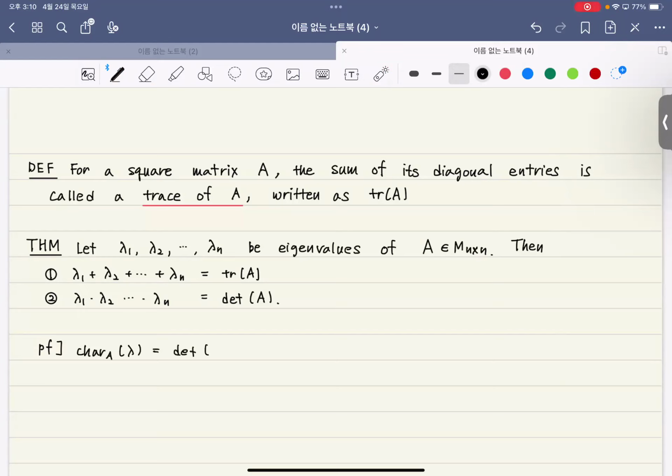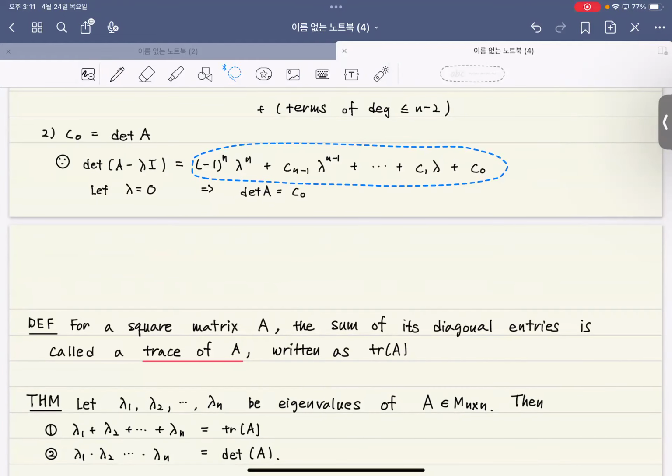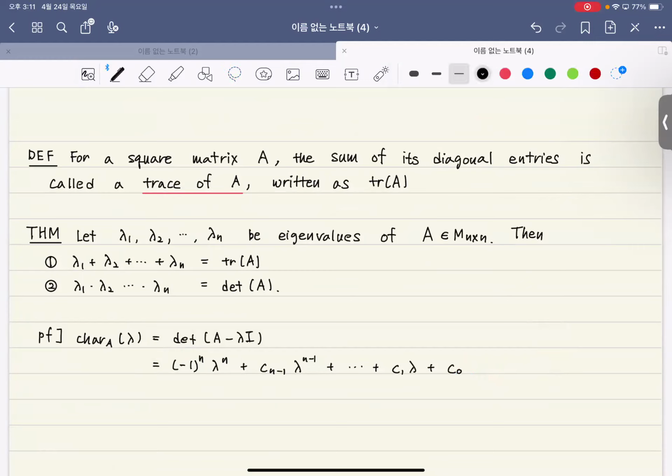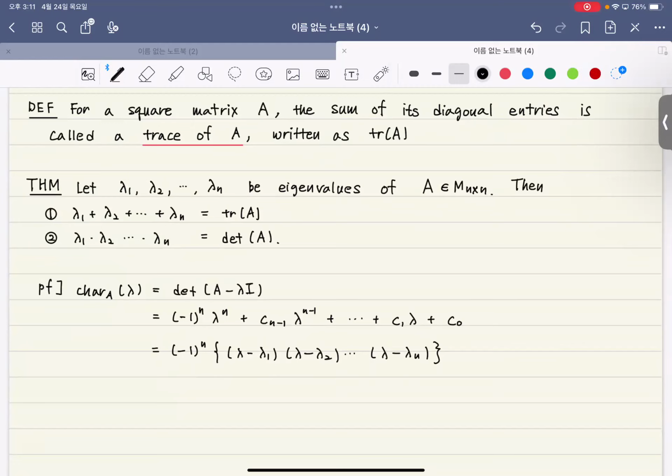This is your characteristic polynomial, which is the determinant of A minus lambda times I. In the field of complex numbers, I can linearly factorize this degree n polynomial like this: lambda minus lambda 1, lambda minus lambda 2, and so on, exactly n factors.